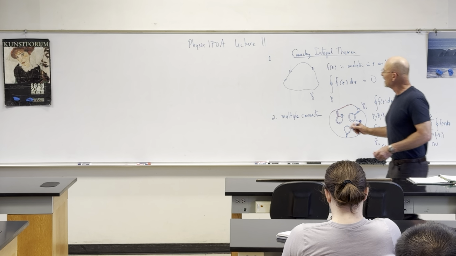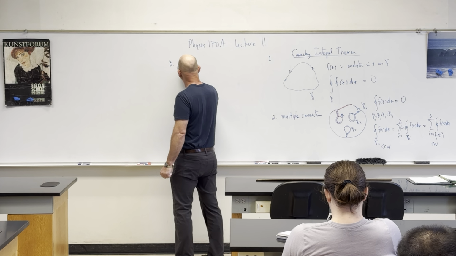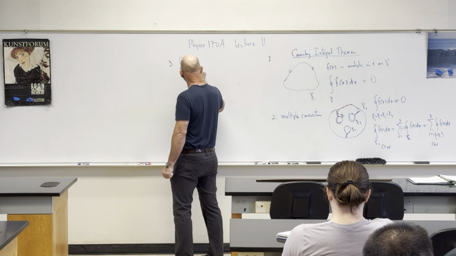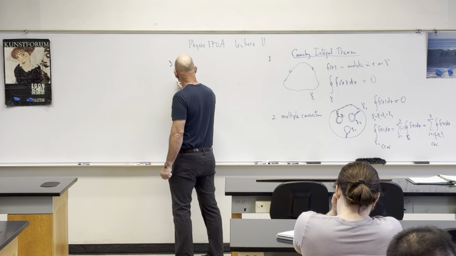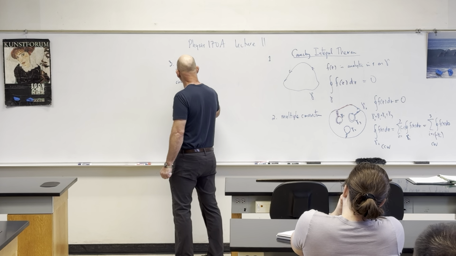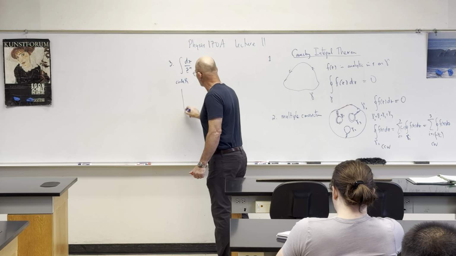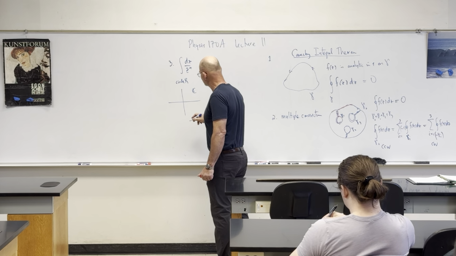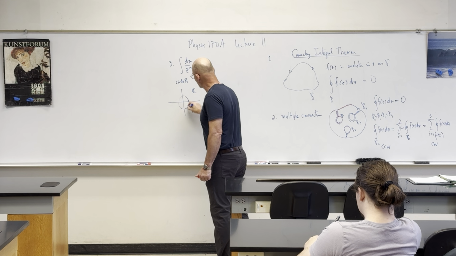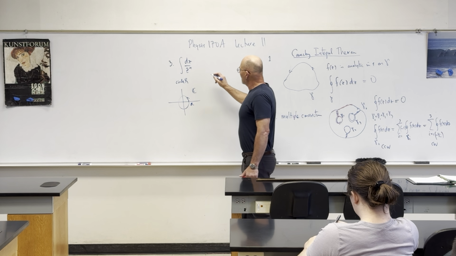And the third element here that we did last time was we said the integral of dz over z to the n. I'm just going to write here circle R centered around the origin. Okay. So we've got the complex plane here, and we've got a circle of radius R. That's what we're talking about.